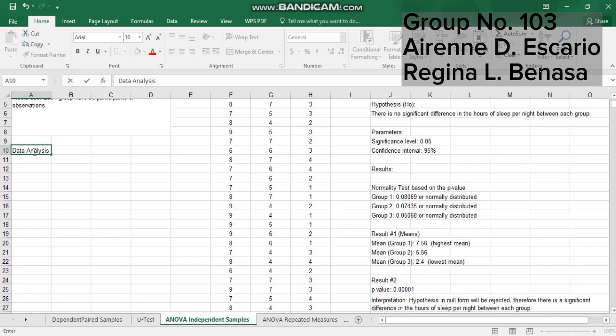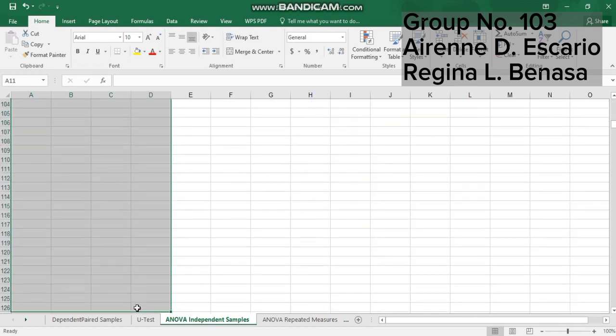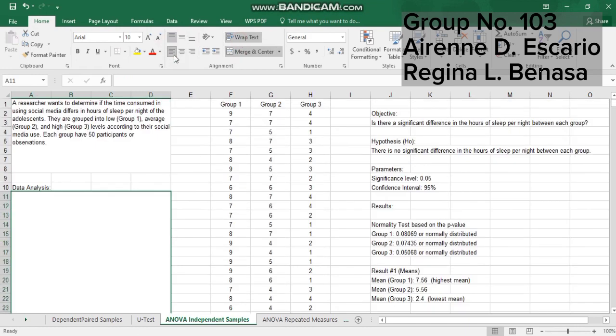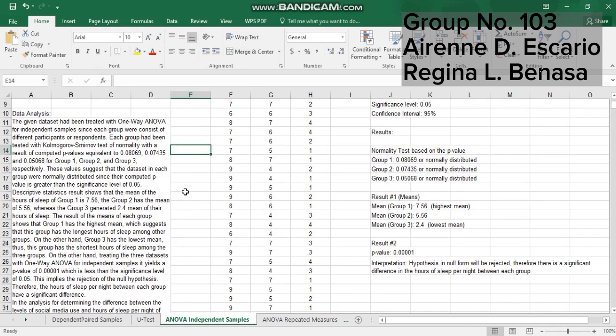And so, our data analysis is: the given dataset had been treated with one-way ANOVA for independent samples since each group consisted of different participants or respondents.